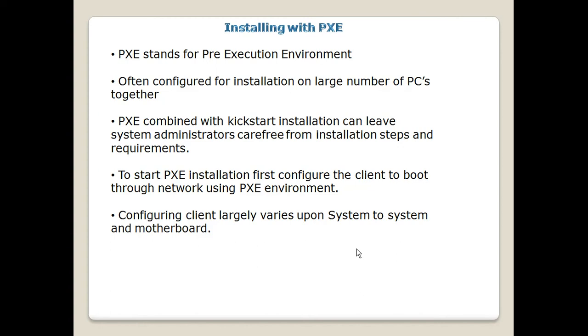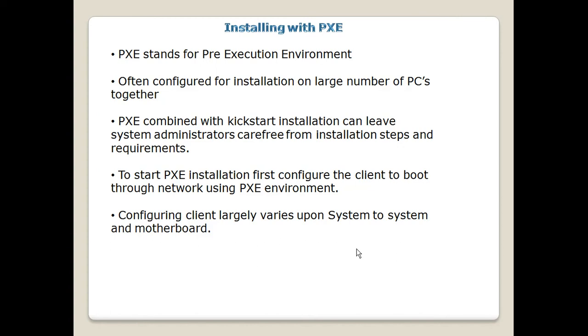PXE, as the name suggests, is known as the pre-execution environment. Whenever you boot your system, the system searches for a DHCP server in its network, and if it finds a DHCP server, it obtains the IP address from that server, and the server also provides it the address of the TFTP server where the boot CD or live CD is kept, or where the kickstart file is located on the network.